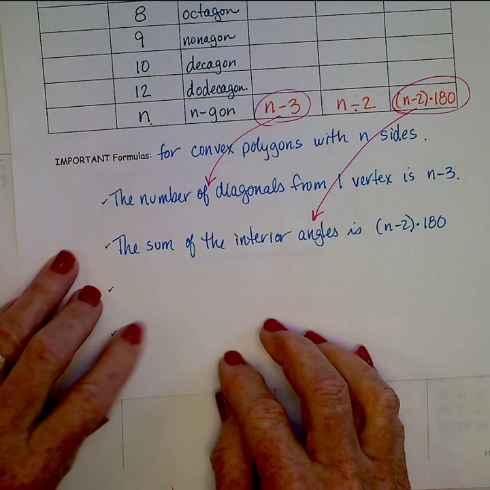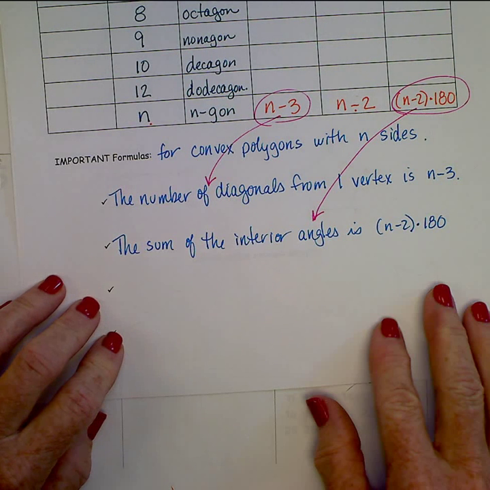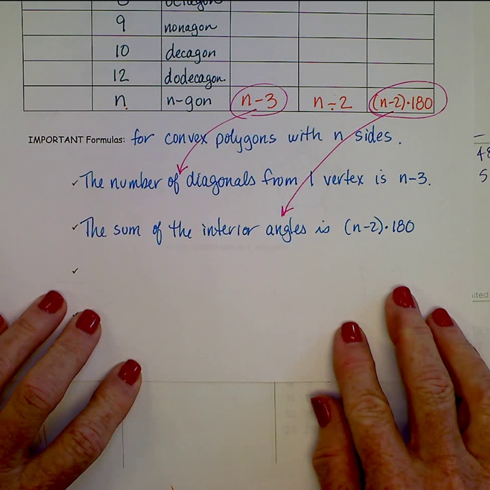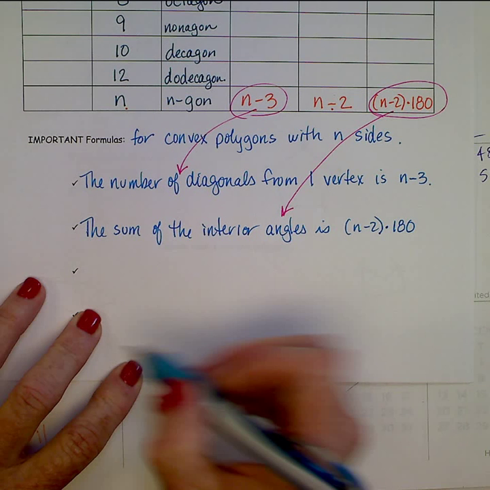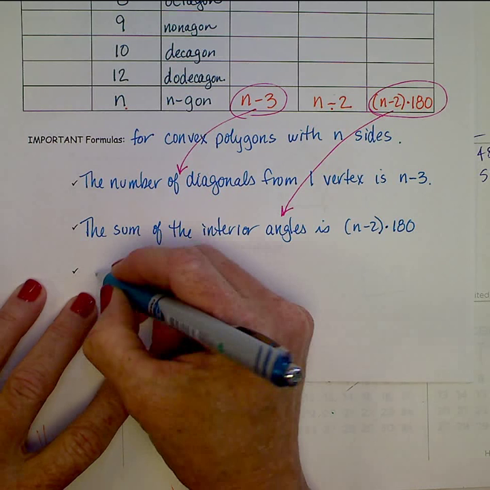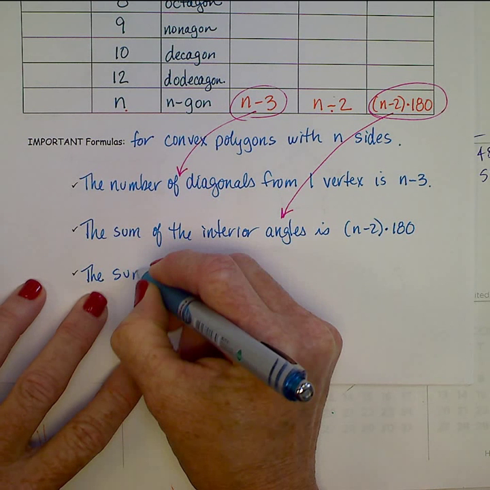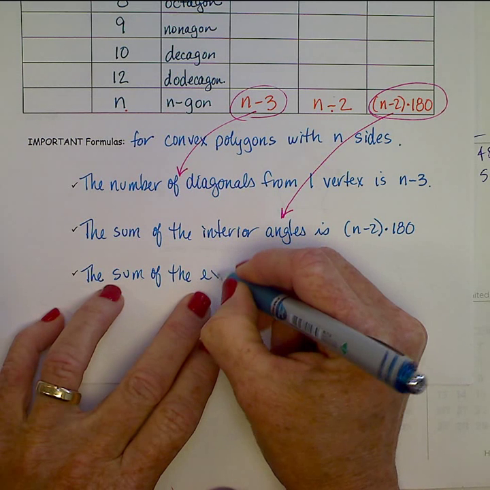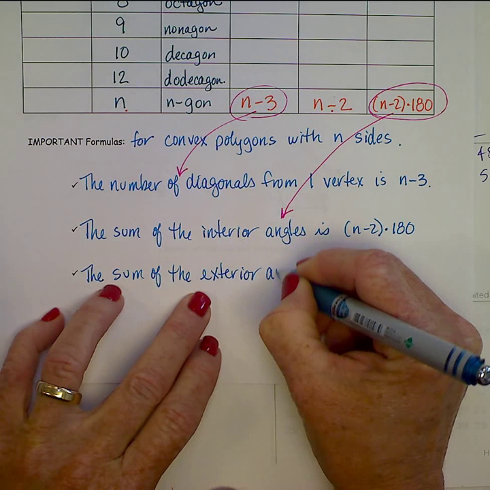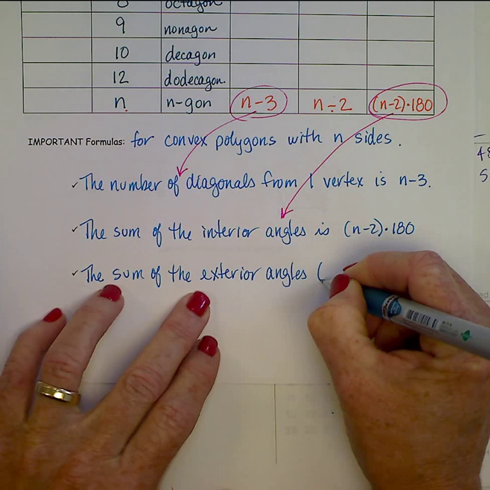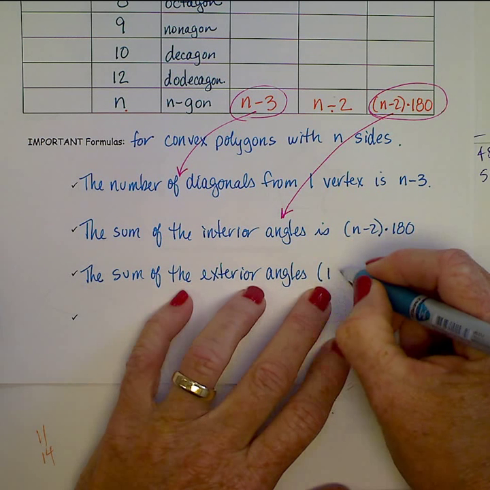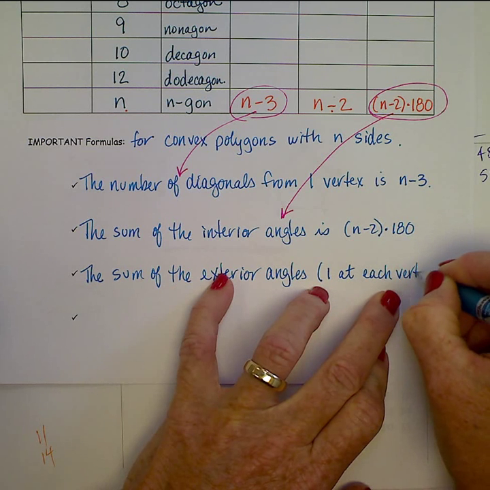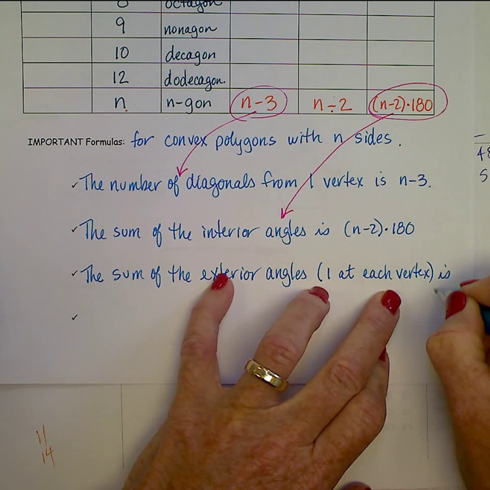These last two formulas I did not do a chart for. You are just going to have to believe me on these, and Mr. Farina can verify. The sum of the exterior angles, just one at each vertex, is 360 degrees.